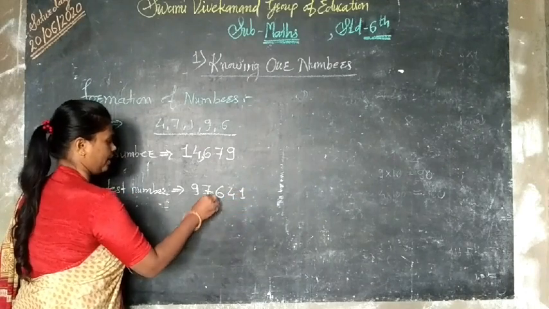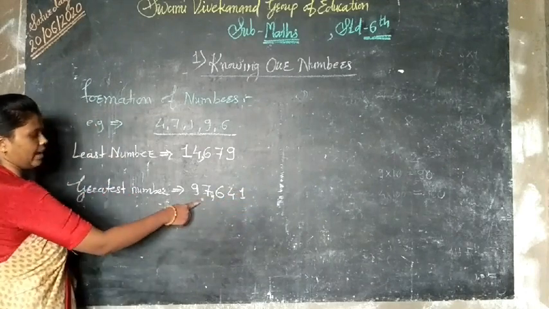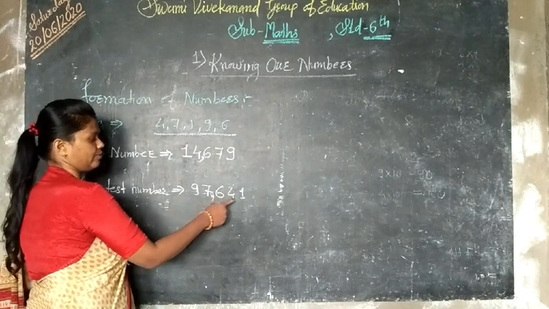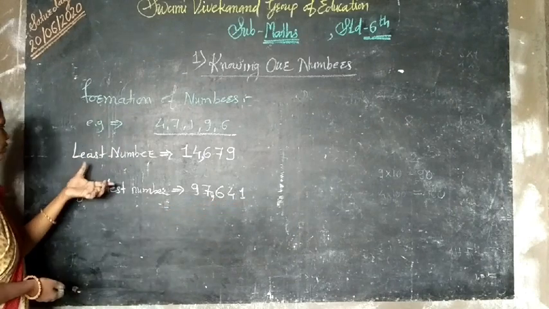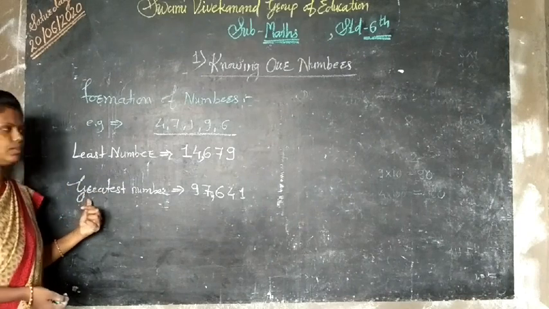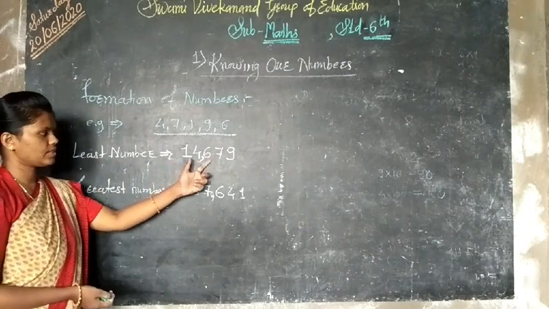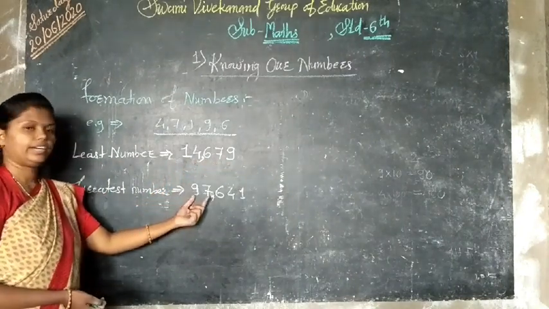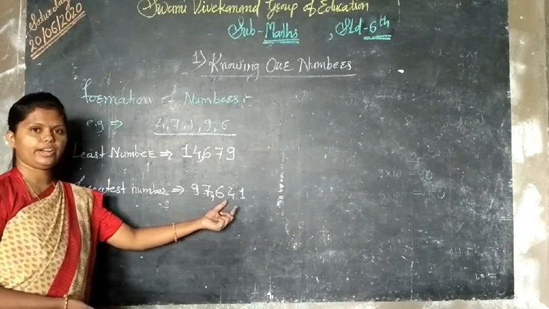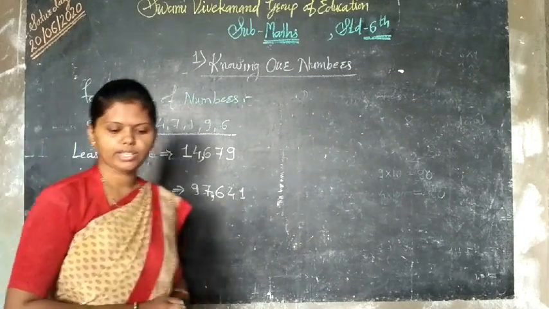Put the comma at the proper place. You get your number as 97,641. In such a way you get your least number as well as the greatest number. Your least number is 14,679, whereas your greatest number is 97,641. We will take one more example here.